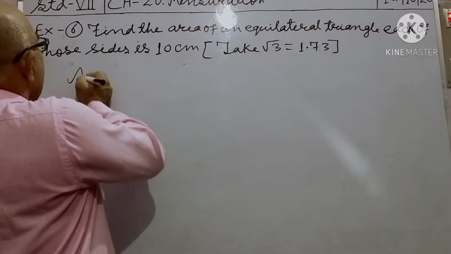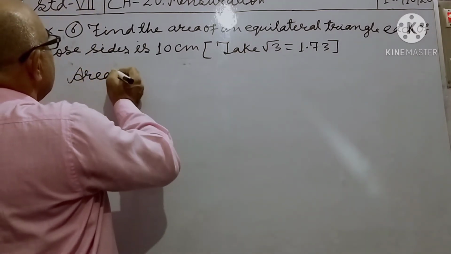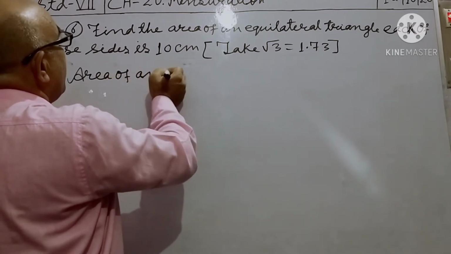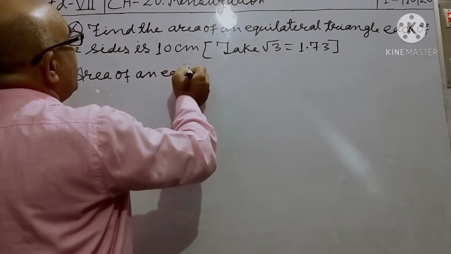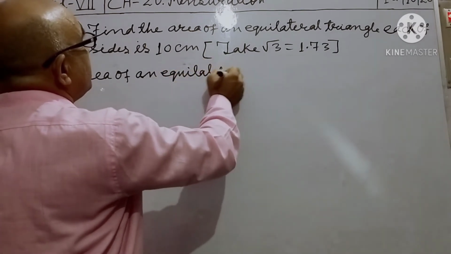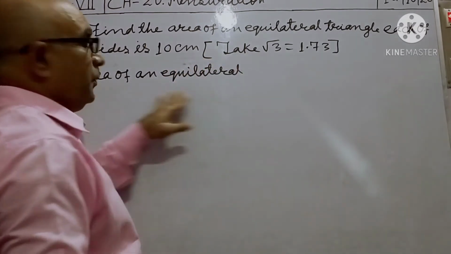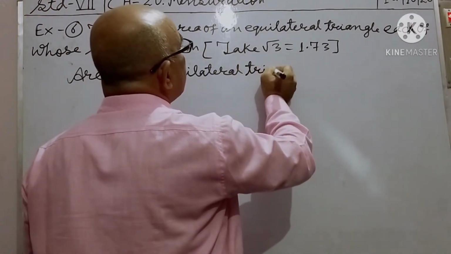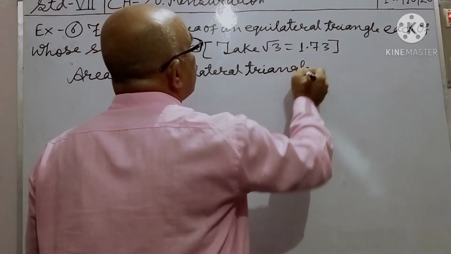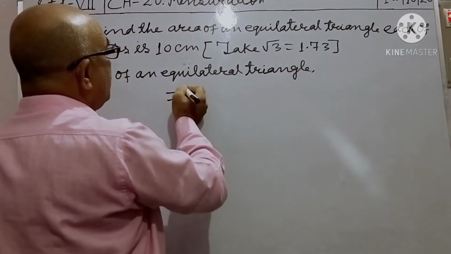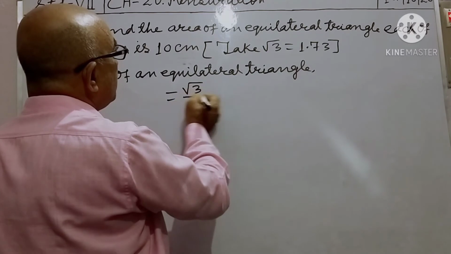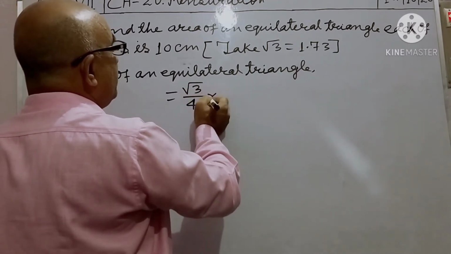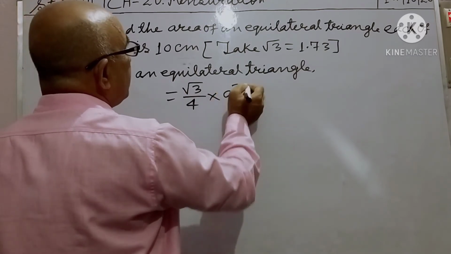So, area of an equilateral triangle equal to root 3 by 4 into a square.